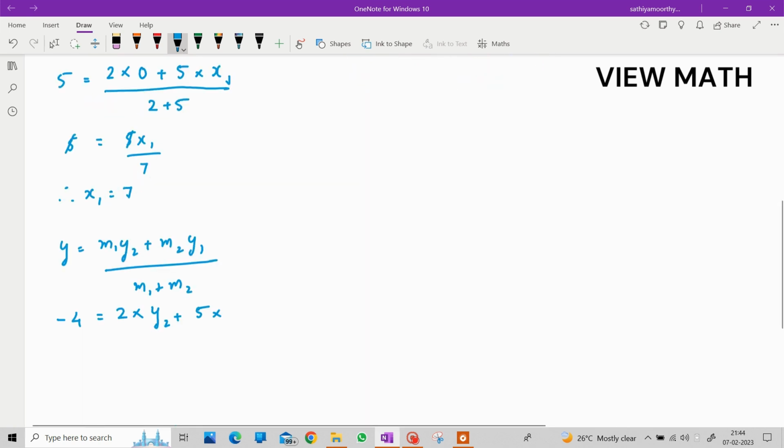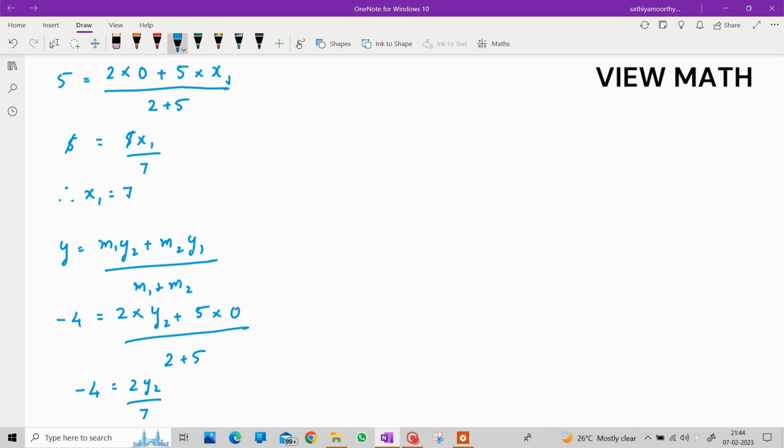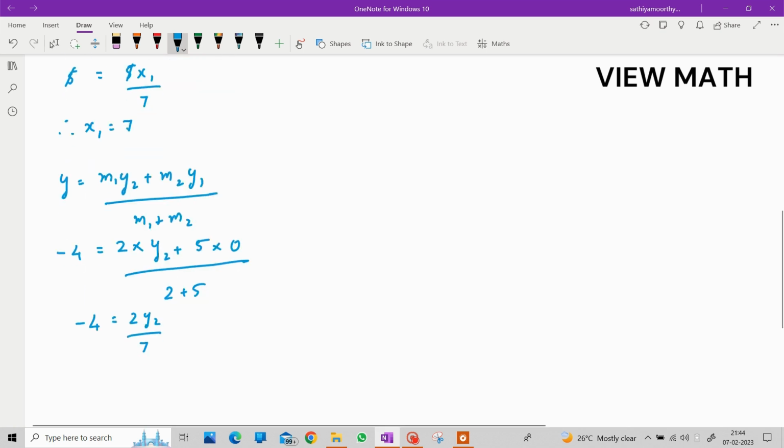So substituting y1 as 0, divided by 2 plus 5. So this is equal to 2y2 by 7. Here on the left hand side it is minus 4. Now let me bring the 7 to the other side. It becomes minus 14 is equal to y2. Therefore y2 is equal to minus 14.